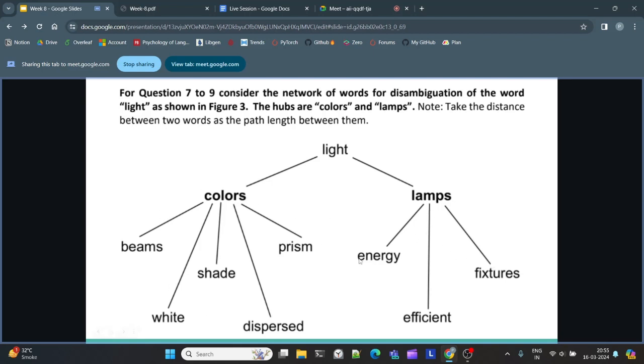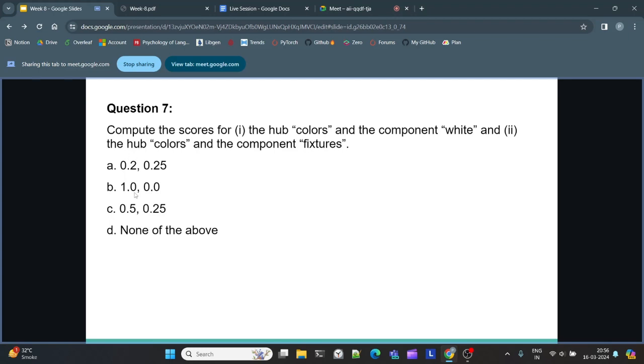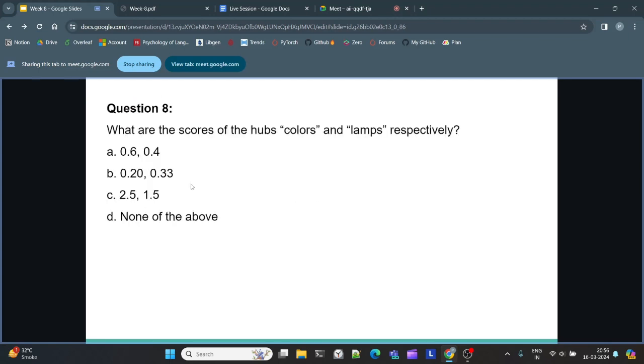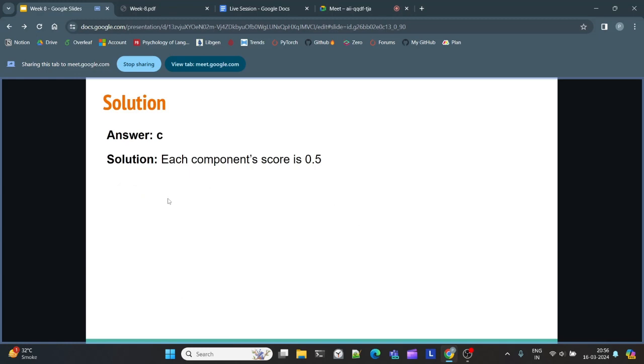When we consider this hub, colors is one hub, all these five words would have a value of 0.5. These would have a value of 0 because they don't share the ancestor, right? Similarly, when I'm considering lamps, these have a value of 0.5, and these have a value of 0. So what do I get? 5 times 0.5, that is 2.5 for the hub colors. And for lamps, we have 3 times 0.5, that is 1.5. So that gives us our answer, which is option C. I hope it is clear.